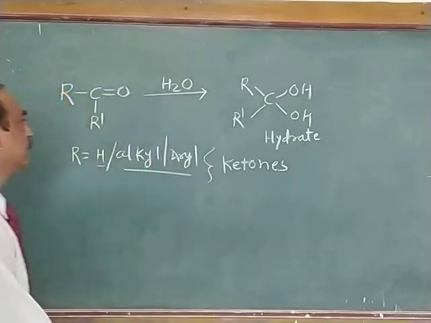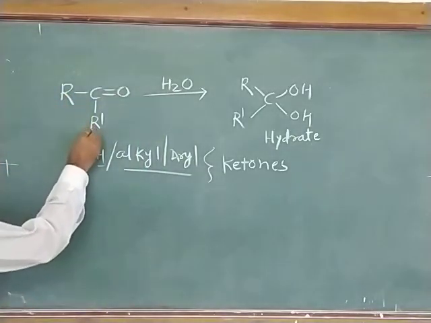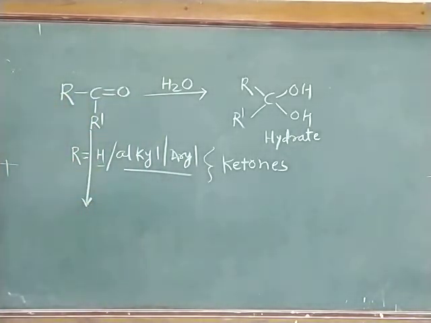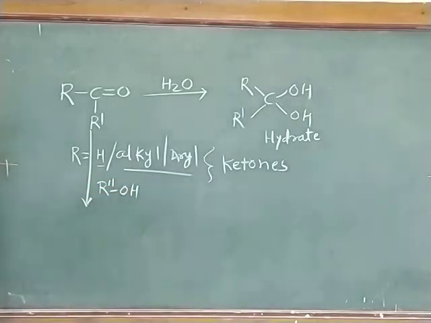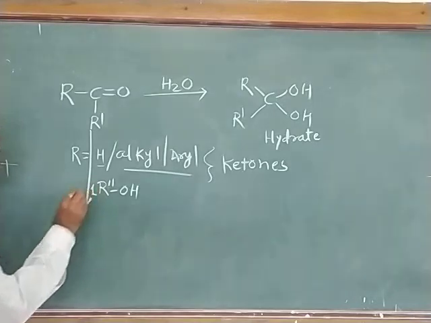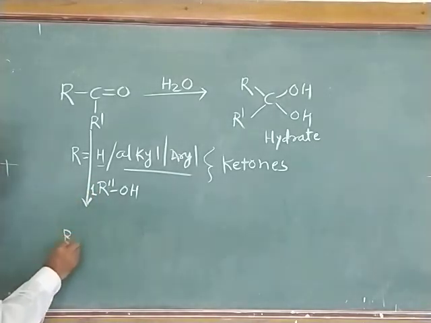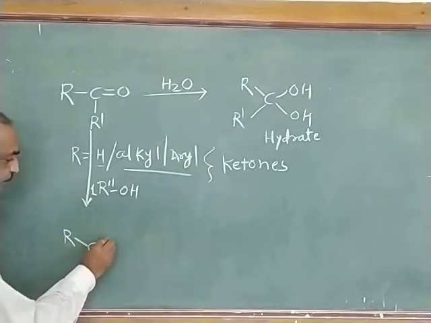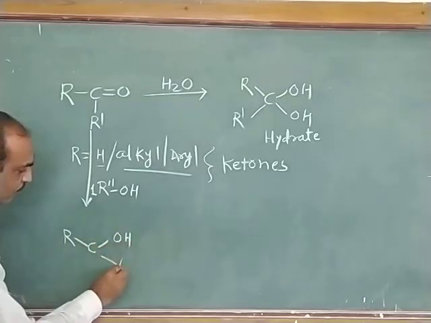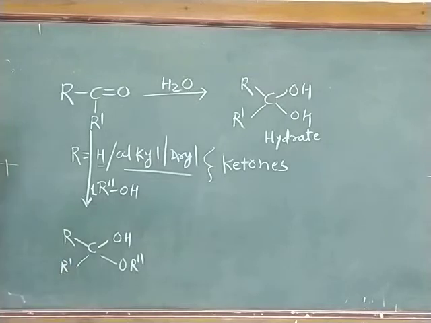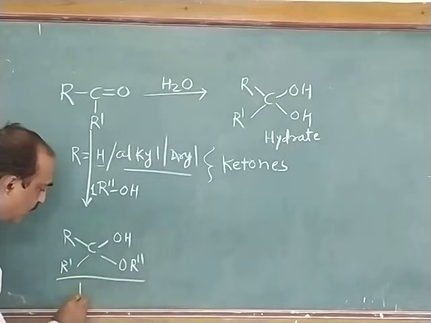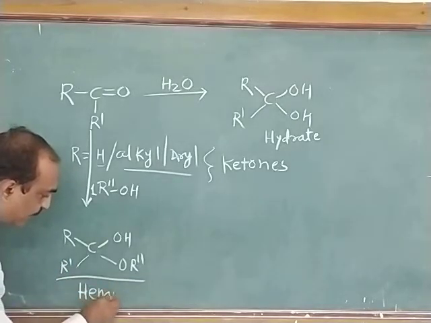Then when this ketone reacts with alcohol R second prime OH with 1 mole, whatever we get is R2 prime, here is R dash, and this is called a hemiacetal.